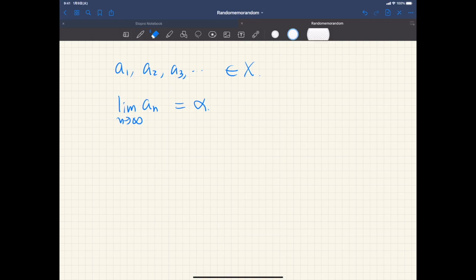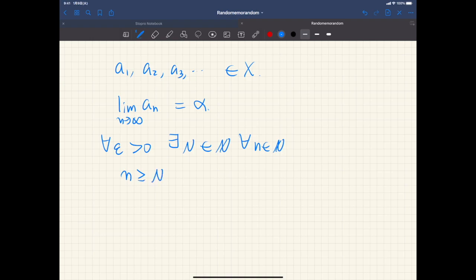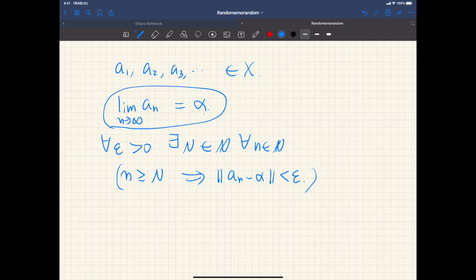As usual in the case of a sequence of real numbers, for any epsilon which is positive and real, there exists some natural number N such that for all natural numbers n greater than N, the distance between a_n and alpha is less than epsilon.